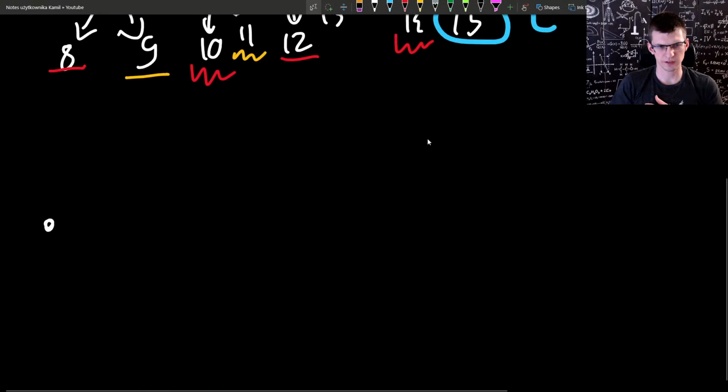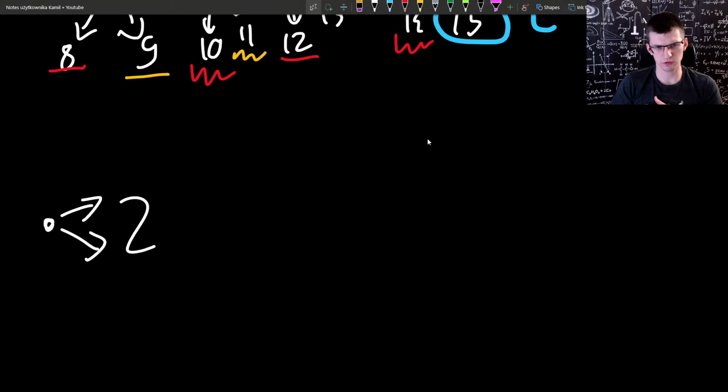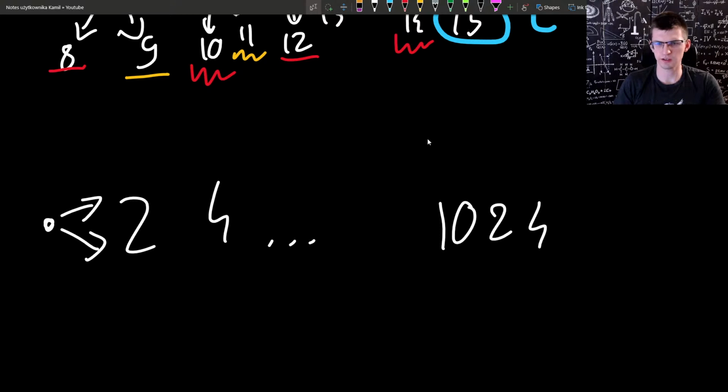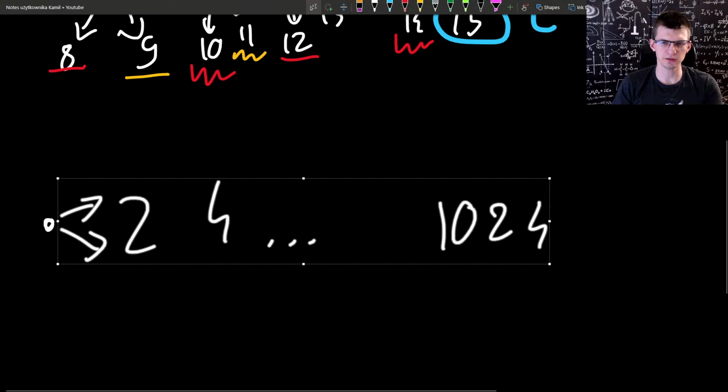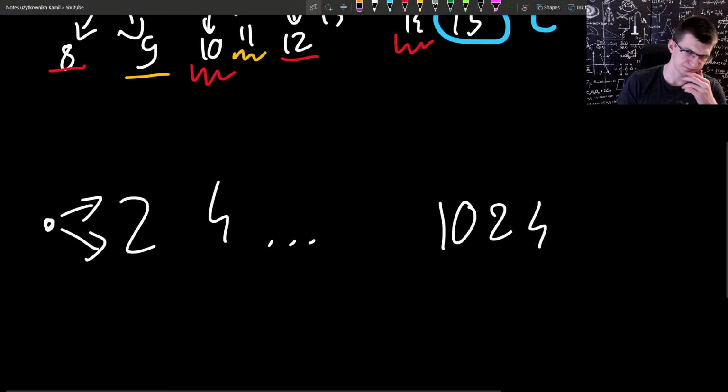You have some vertex, then you can get to 2 different vertices, then 4, and so on. After 10 steps, that's 2 to the 10th power, so 1024. In total, if nothing is repeated, you can visit 2000 vertices.